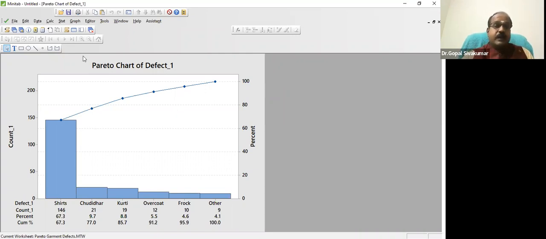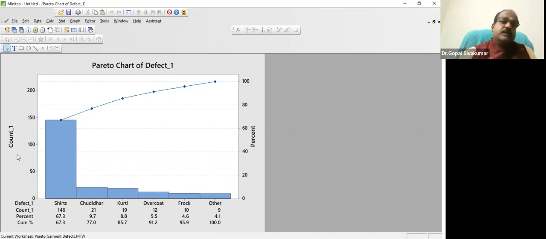All right. Even the number of defects in the shirt section is too high, 146. I am again asking my team for the split up of 146. What are these 146? Are they button damage? Are they button alignment issues? Are they something related to stitching of the button?